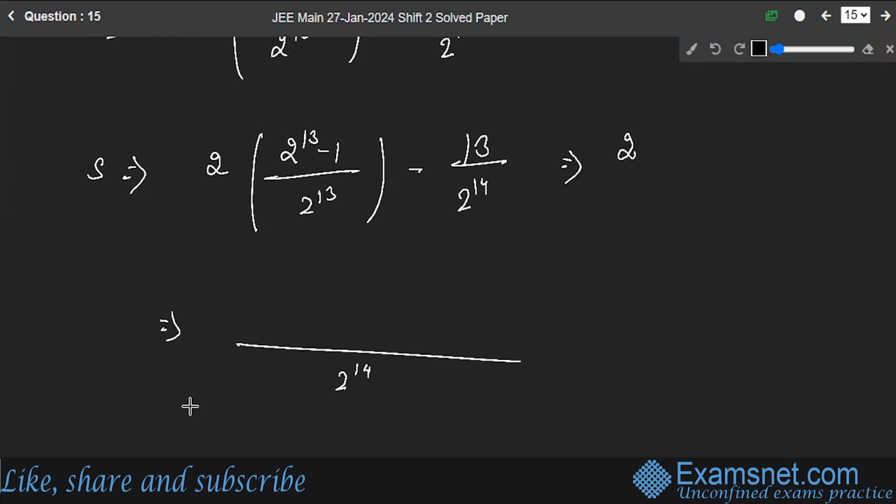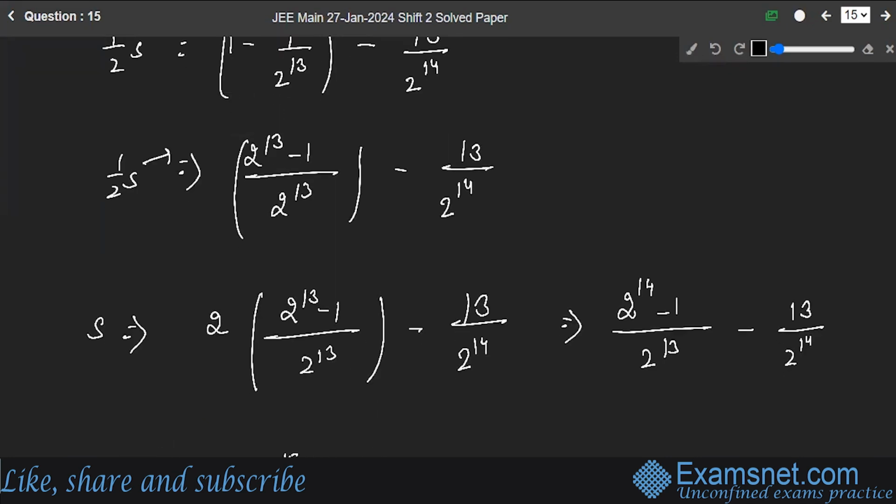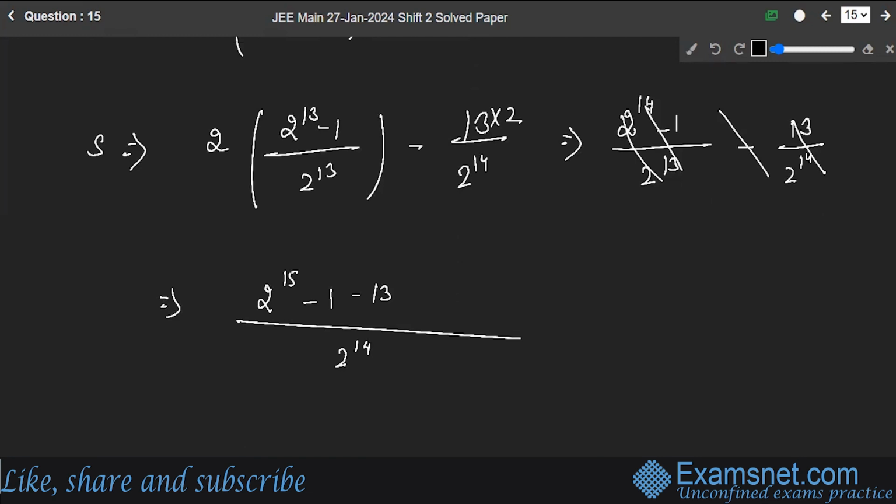This will be 2 power 14 minus 1 upon this minus 13 upon this. Now taking 2 power 14 as the LCM, here will be 2 power 15 minus 1 minus 13. Sorry, there's a small mistake I have done. I have taken this 2 on this side and multiplied it with 2, but here also it was supposed to be multiplied. So let's redo from here. Just ignore this part and this part.